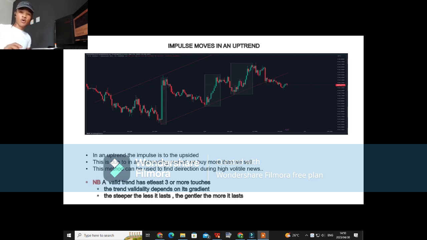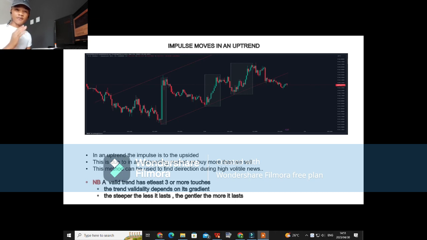We have many buyers, so the market will have enough volatility to buy faster rather than sell. Sellers in an uptrend make a correctional move. That's very important. This helps traders to determine the direction during high volatile news, right?